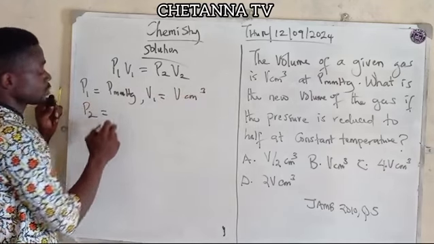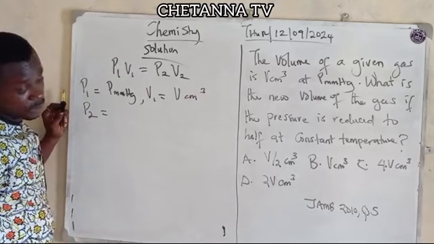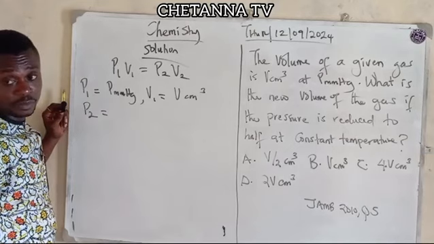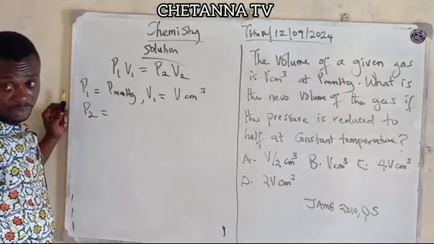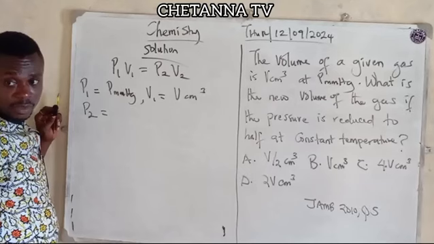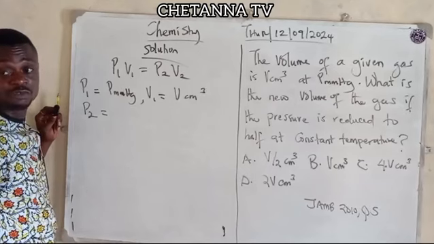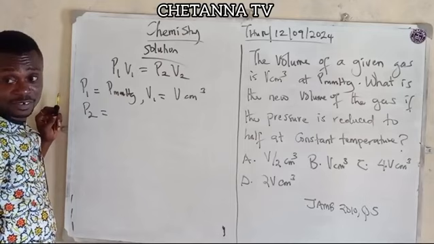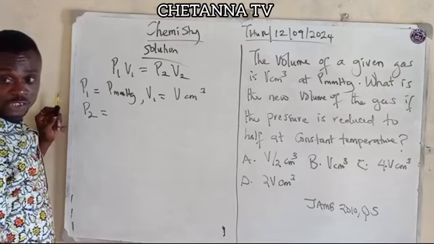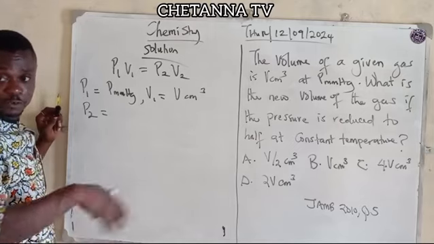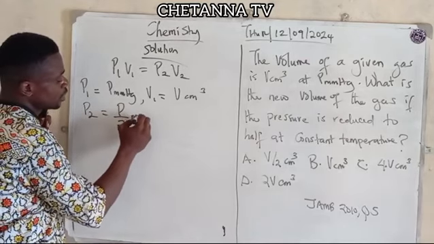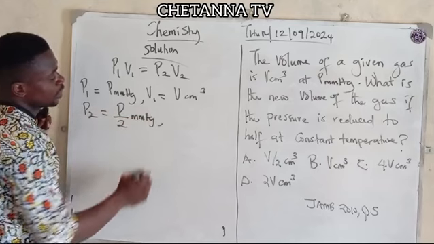P2 is half of P, so P over 2 millimeter mercury.